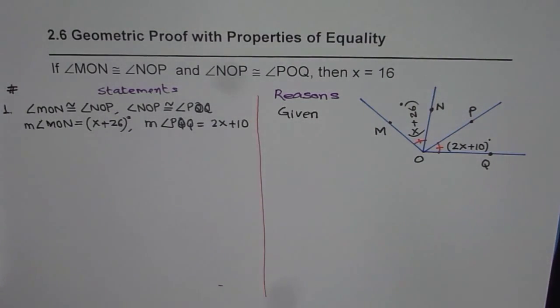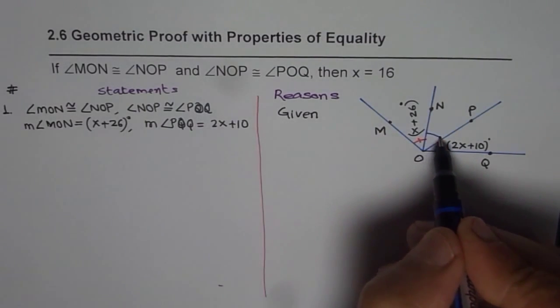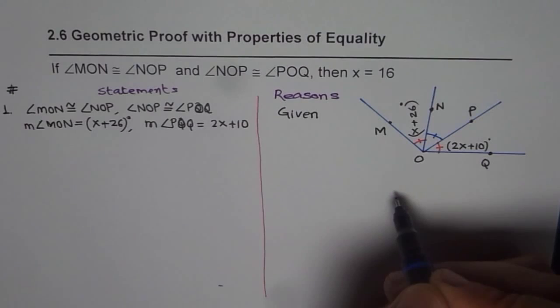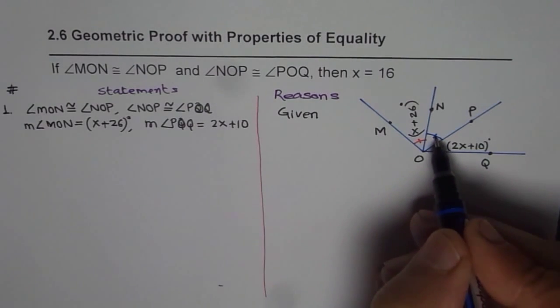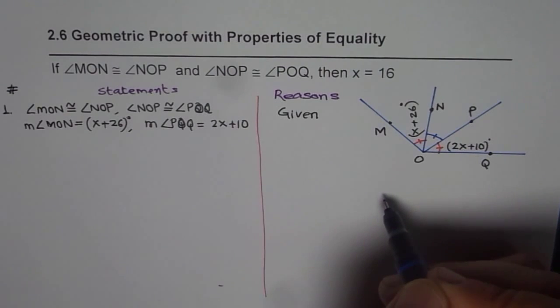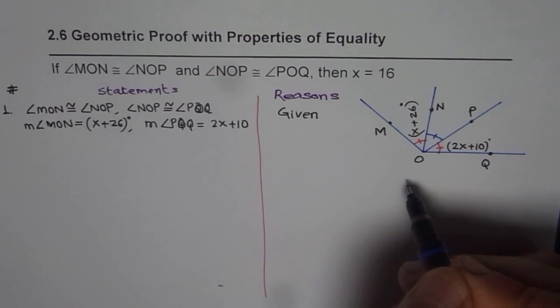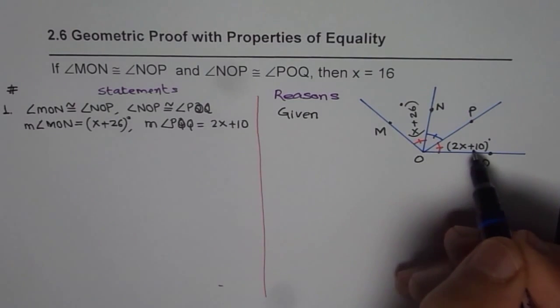Now, as we are given that angle MON is equal to angle NOP, we are given this is equal to this, and we are given angle NOP is equal to POQ. It means that the angle MON is equal to angle POQ.